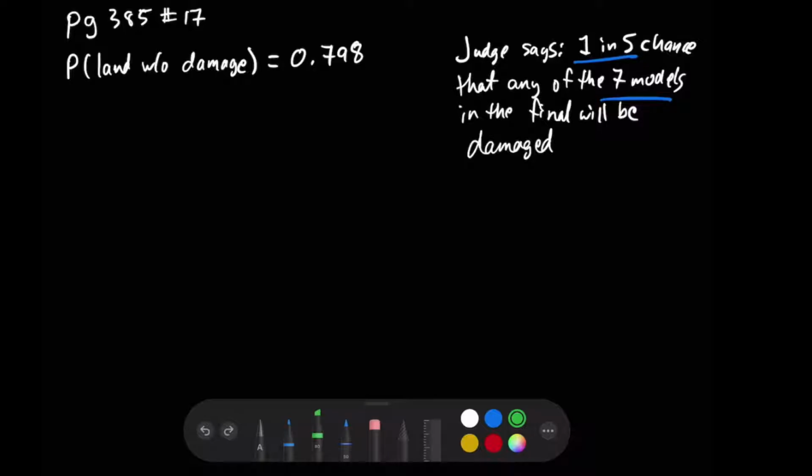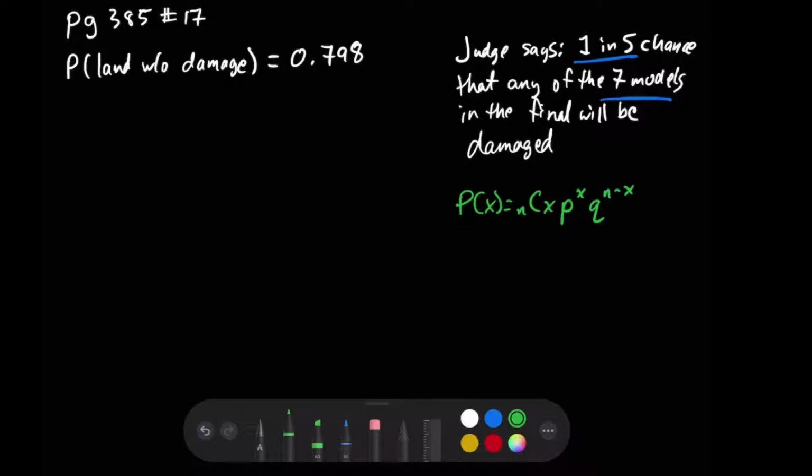So let's see if we can set this problem up and find a calculation that can prove or disprove what the judge is saying. As I've done before, I like to write the formula out to guide me as I set up my problem and define my variables. So probability of success is equal to nCx p to the x q, or 1 minus p, to the n minus x.